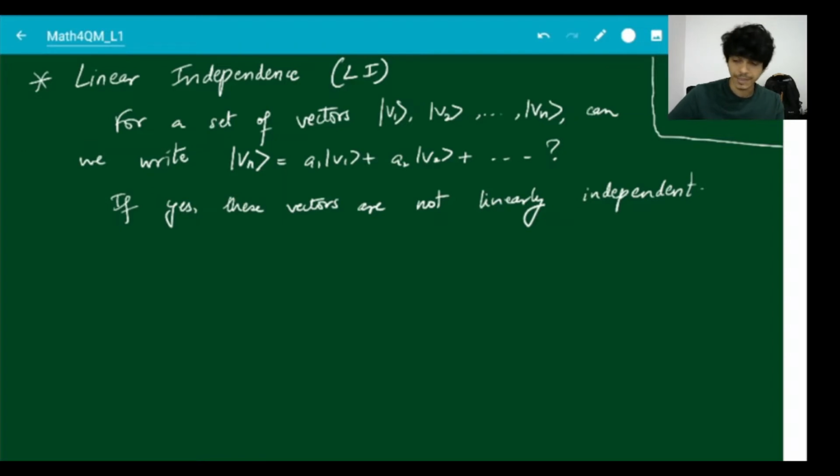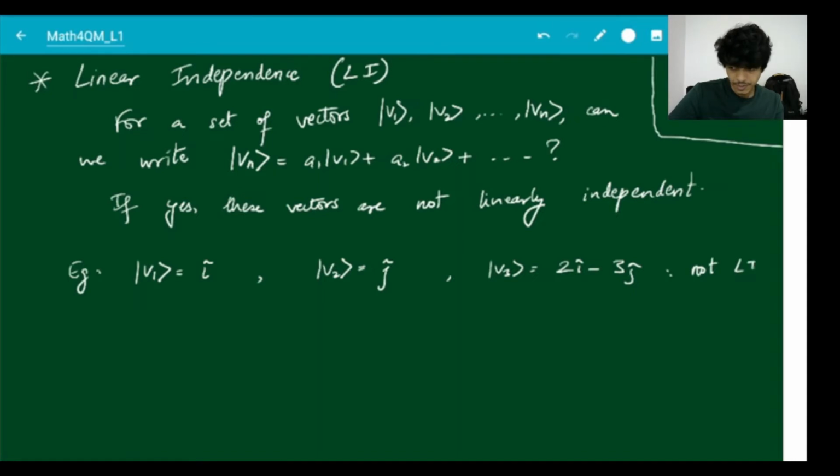So I'll give you a very simple example. Suppose I take three vectors. v1 is i hat. So I'm looking at the usual vectors that we talk about in R3. And if I take the vector v2 as j hat, and the vector v3 as 2i minus 3j, then this set of vectors is obviously not linearly independent, because it is possible to write one of them in terms of the others.